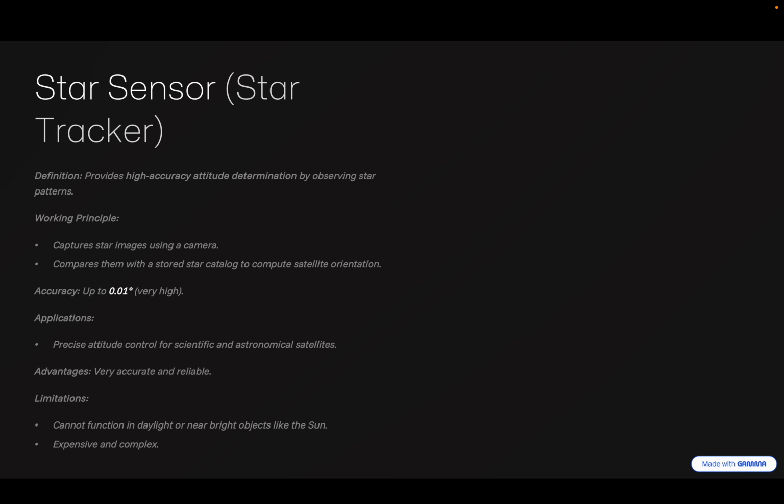How this star sensor works is that it captures an image using the camera, and this image is compared with the images which are in the database.